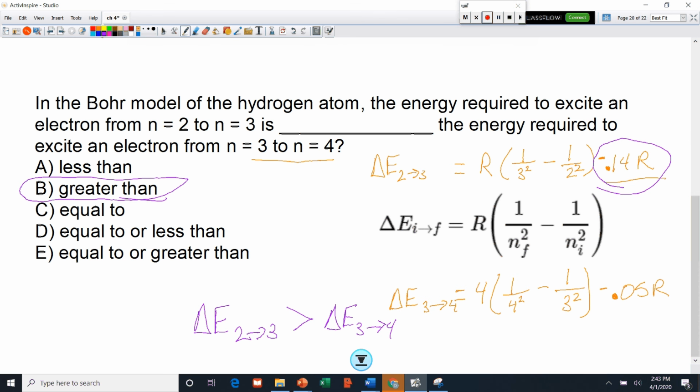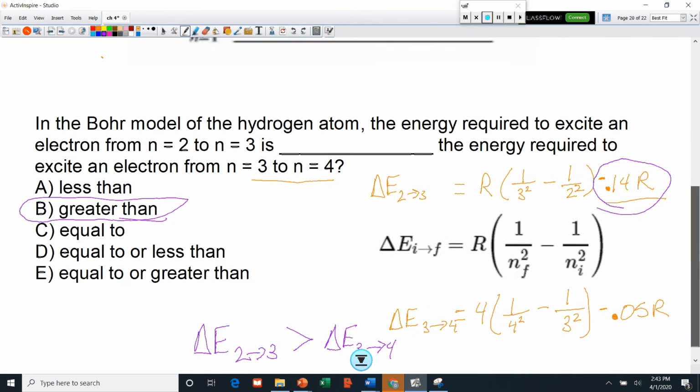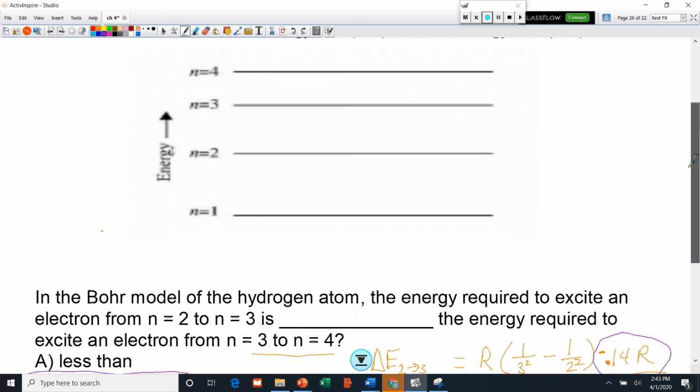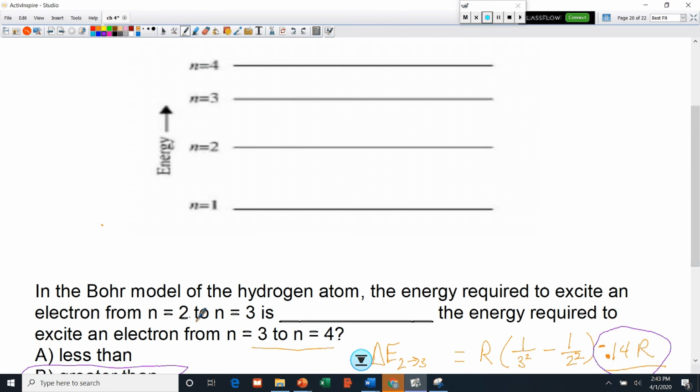Another way to approach this question is to use the little diagram I had up here. I'll do this one in purple. You see how the line from 1 to 2 is a bigger jump than any of the others, and the lines get progressively closer together. That's what actually happens in an atom as you add energy levels.